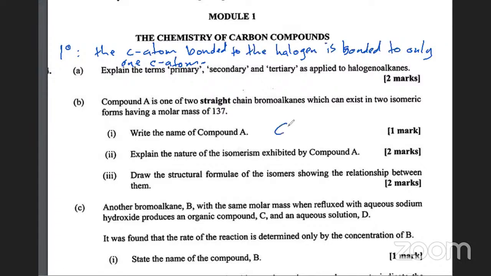So for example, this carbon is bonded to chlorine. It is only bonded to one other carbon atom. If it was a secondary haloalkane, put it over here, it would be bonded to two carbon atoms.